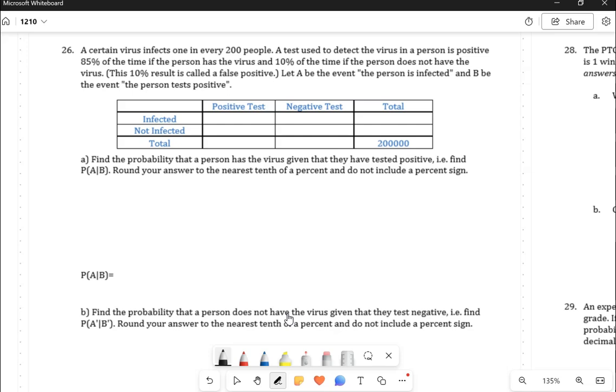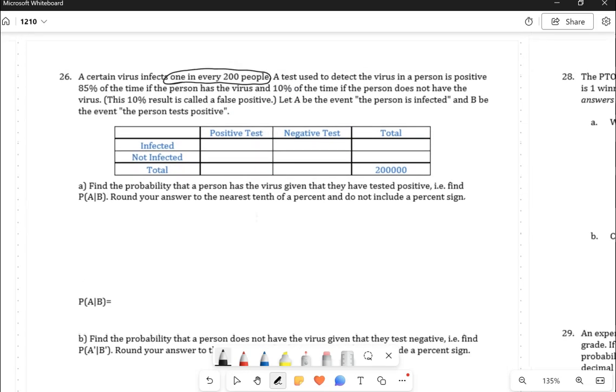One is where they have this like 1 in every 200 people, but they might also say 0.05%, not 0.05, 5% or 3% or something.